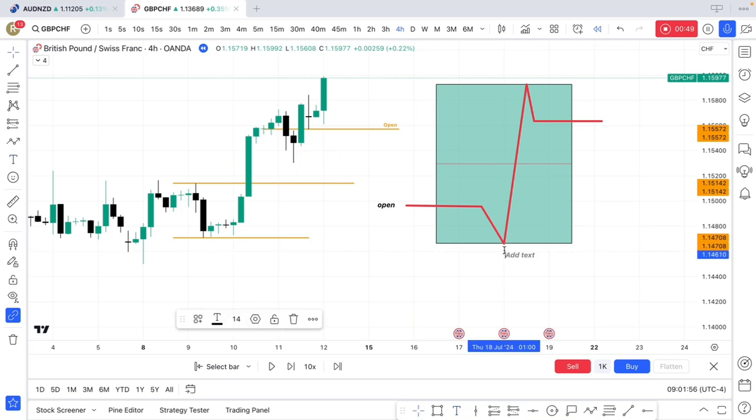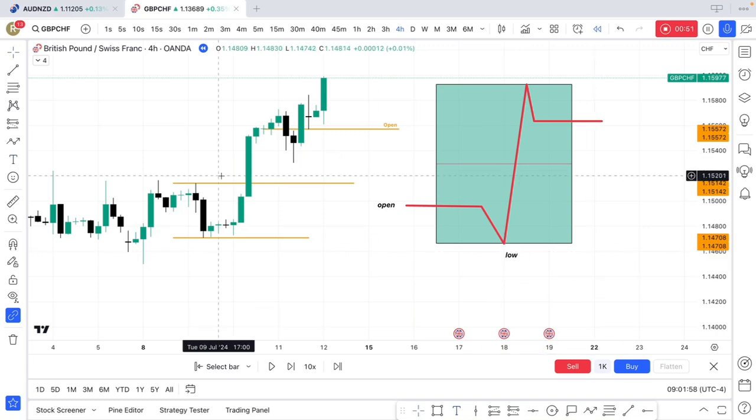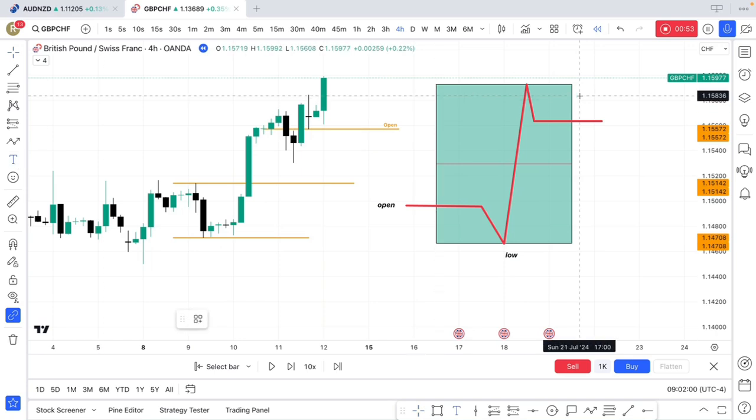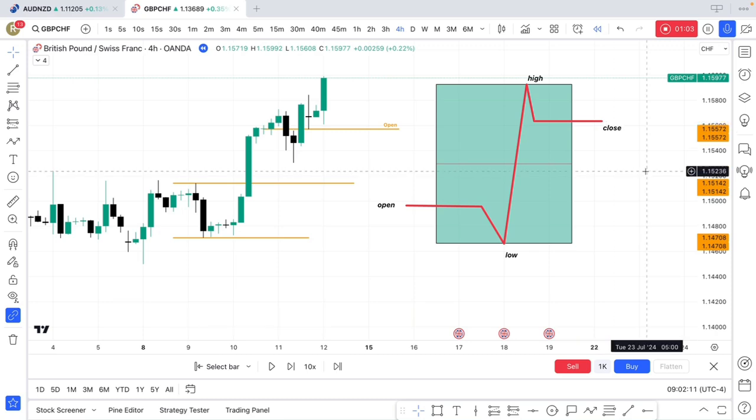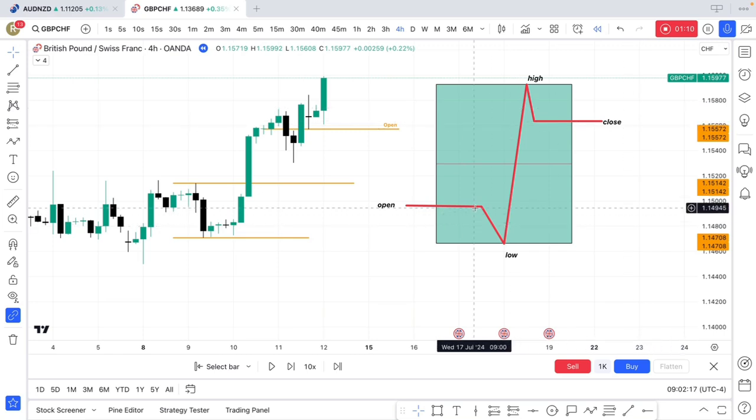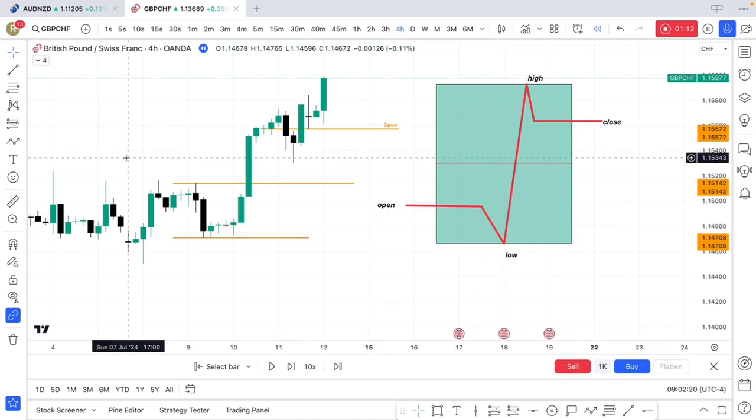This is a low, and then this is a high. And then we have the close. That's how the candles have been designed. These are the closes, like that. Between the opening and the low is what we call the manipulative stage.